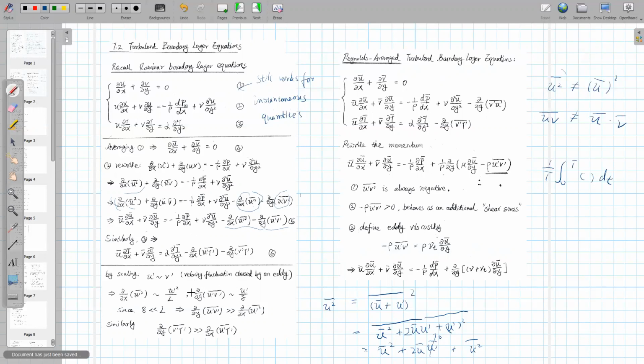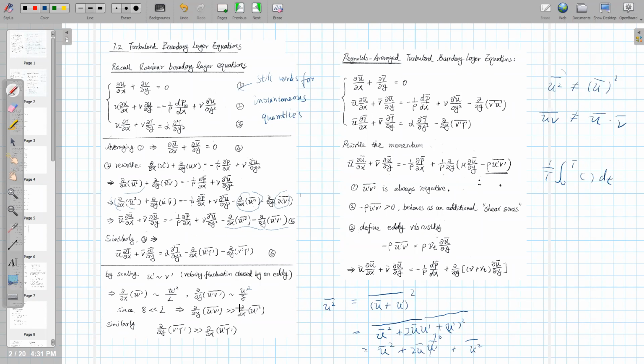And if you compare this term, partial Y of U prime V prime, on the Y direction the length scale will be the boundary layer thickness delta, right? So this will be order of U prime square over delta.